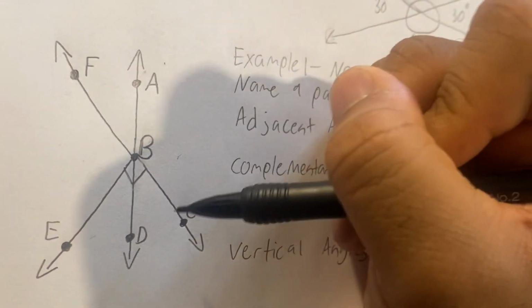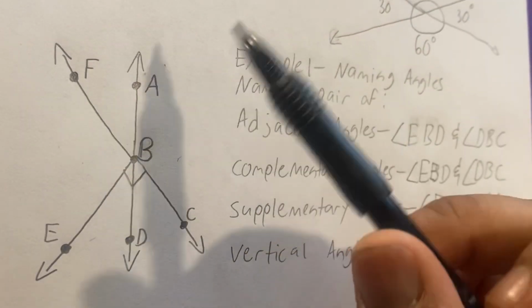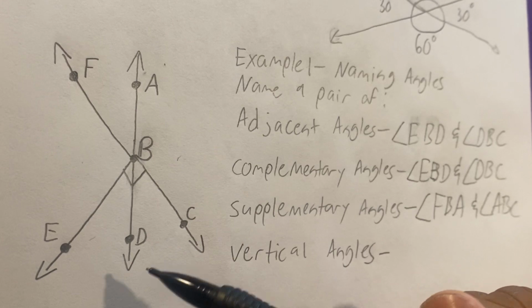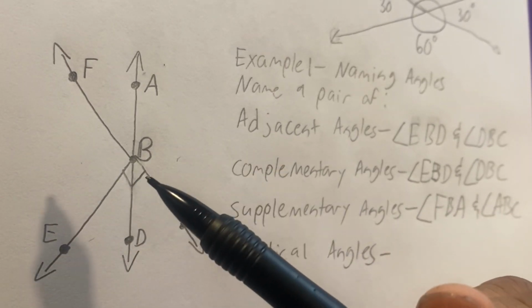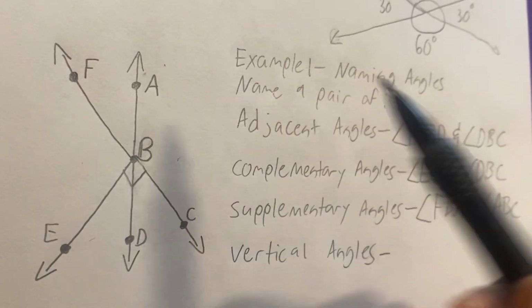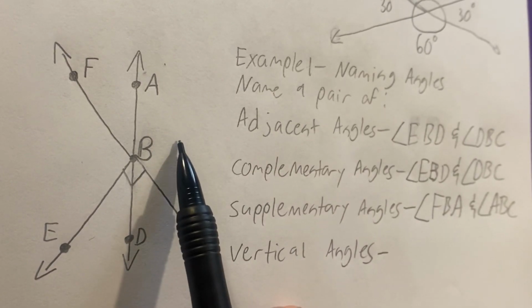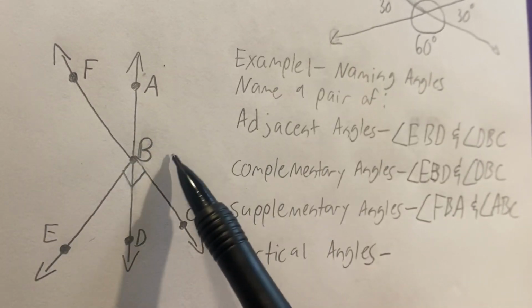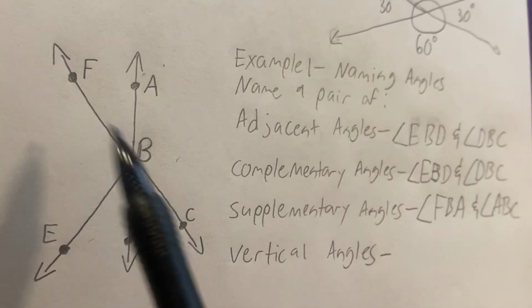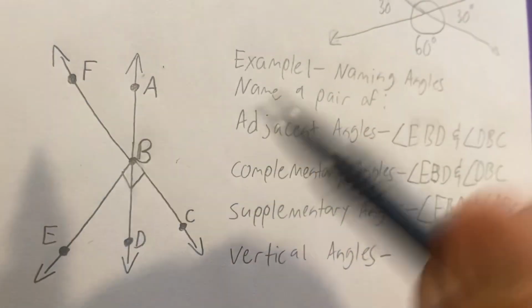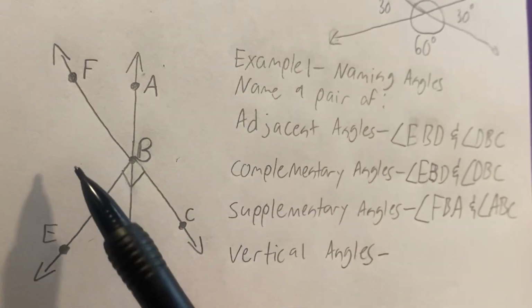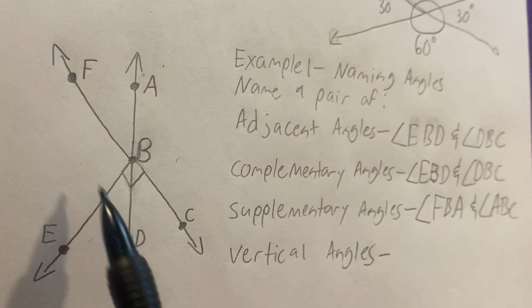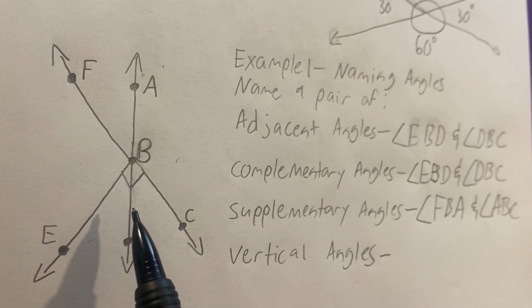If this was 60 degrees, this would be 60 degrees. And also along with that, angles ABC and also FBD would also be vertical angles, because whatever this angle would be, let's say this is 100 degrees, then the measure of these two angles would also equal 100 degrees. Because as you can see, this is only one big angle and these are technically two angles. So whatever this would be, it'll be equal to the measure of these two angles combined.